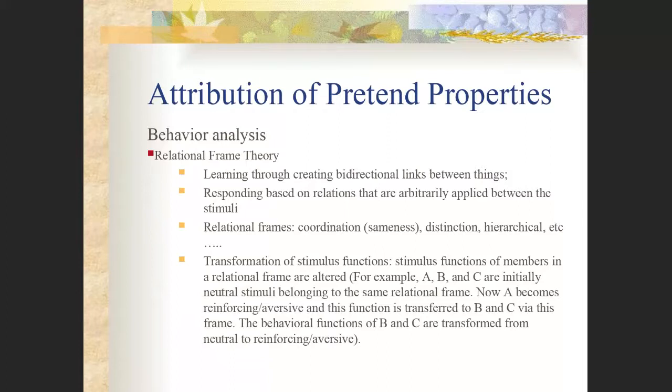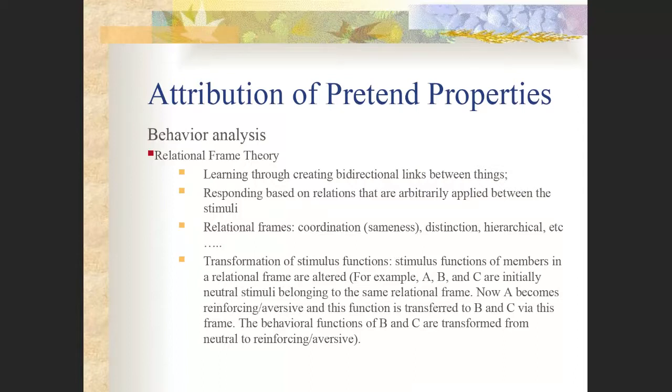So the behavior functions of B and C are transformed from neutral to reinforcing, or the other way would be aversive. In other words, every member in the same relational frame, in our case a coordination frame, they are the same, and their behavior functions are shared.